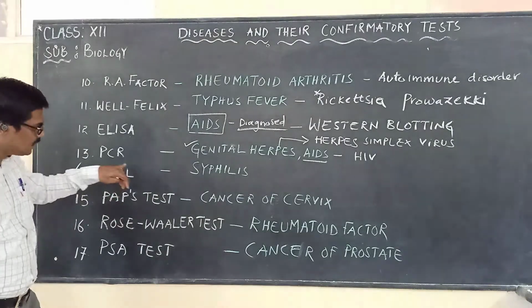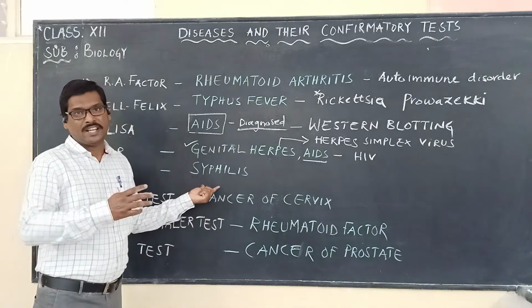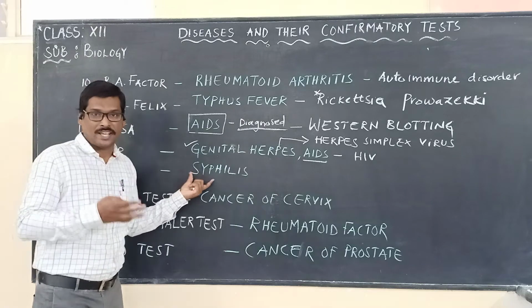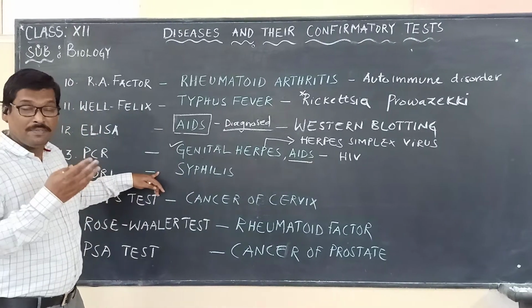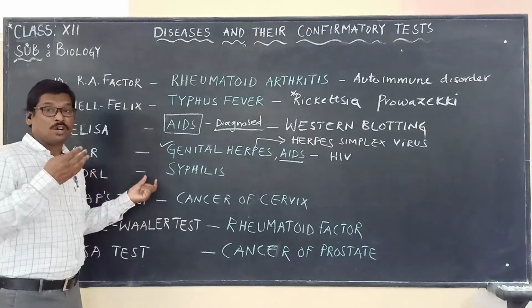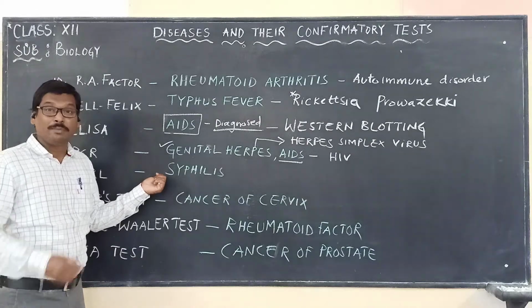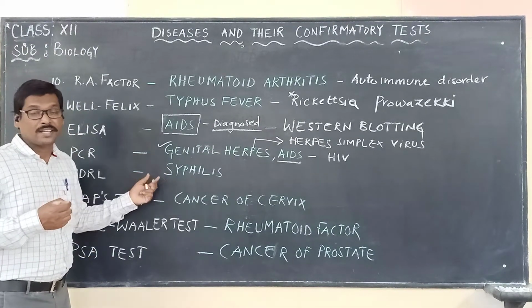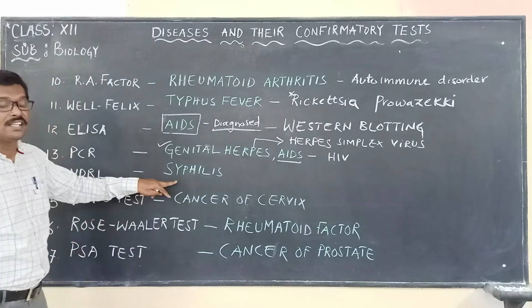VDRL test is again used to confirm syphilis, which is spreading through sex, through illegal practice of sex. This will be affecting the vagina, or even if people are practicing oral or anal sex, this disease will be caused, in which there will be sores. Ulcers will be formed in initial stages and cause severe damage, which we are calling syphilis.